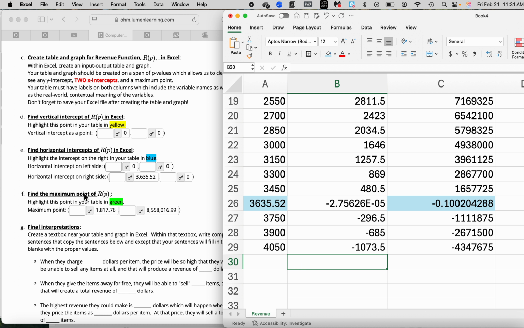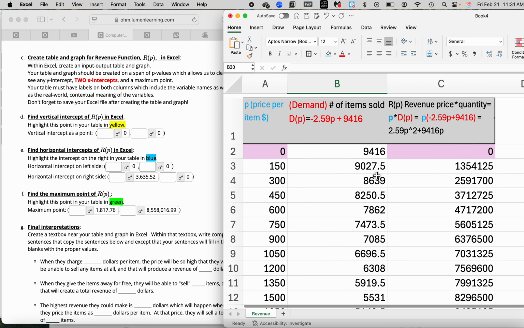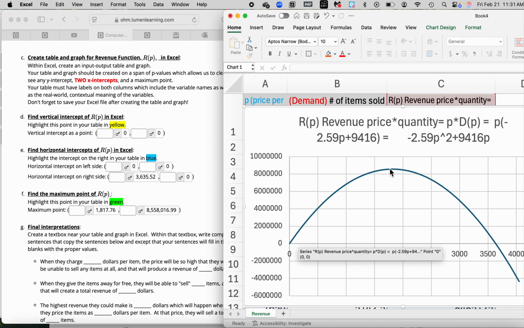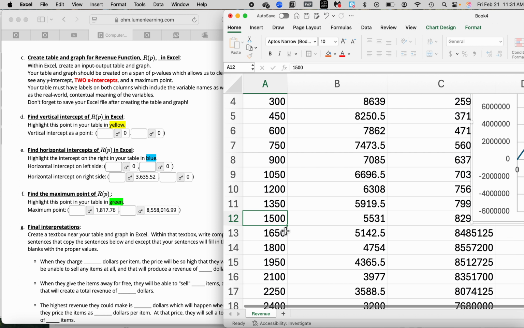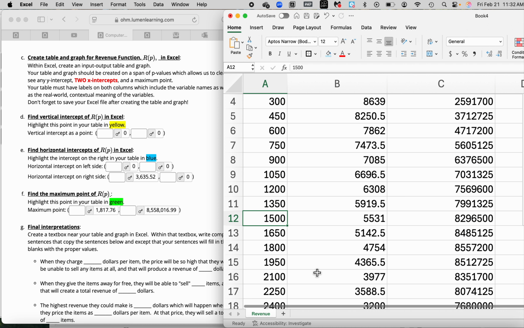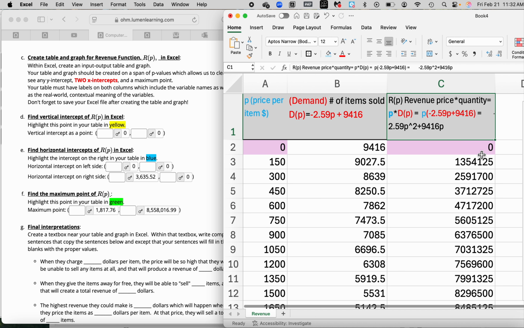Okay, so now it says find the maximum point of my revenue function, R of P. I can always use my graph to help me out. Right here, I can see it looks like I come up to the maximum point somewhere around 1,500 to 2,000 something. So I'm going to look at my input-output table. My revenues are increasing.